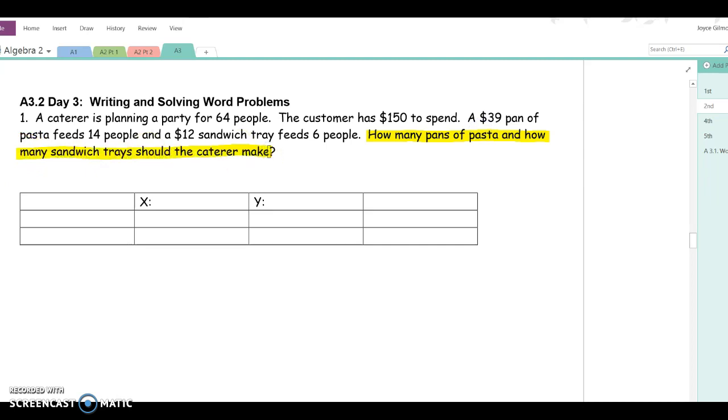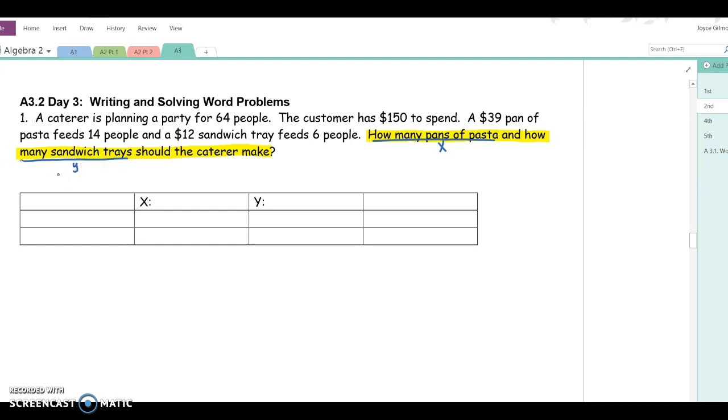So we need to figure out how many pans of pasta and how many sandwich trays a caterer should make. Usually, this last sentence tells you what your X is and what your Y is. So, how many pans of pasta? That's going to be our X. How many sandwich trays? That's going to be our Y.